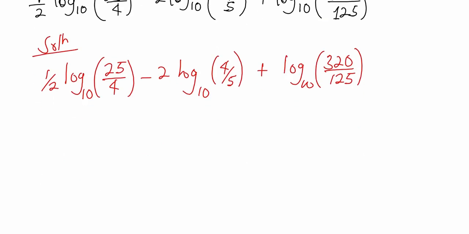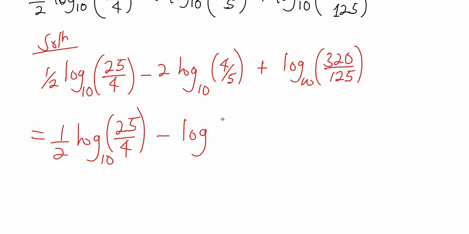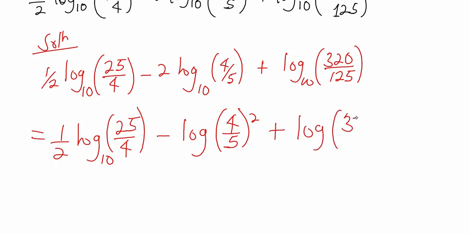Now with this, we can see that there is 2 log 4 out of 5 base 10, and we can rewrite this as an exponent to 4 out of 5 by applying the power index law. So focusing on that, we have half logarithm of 25 out of 4, with our base 10 here, minus logarithm of 4 out of 5 exponent 2, plus logarithm of 320 out of 125.